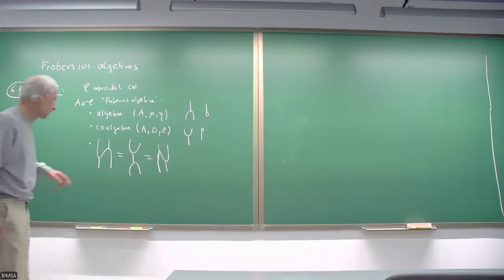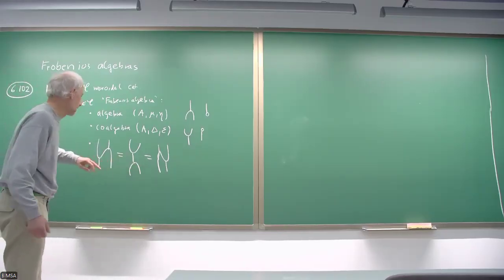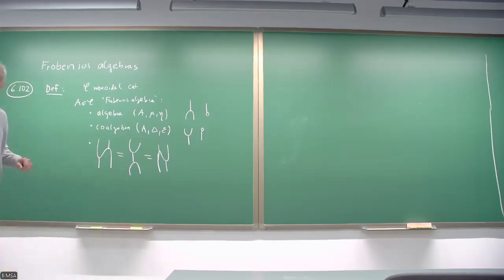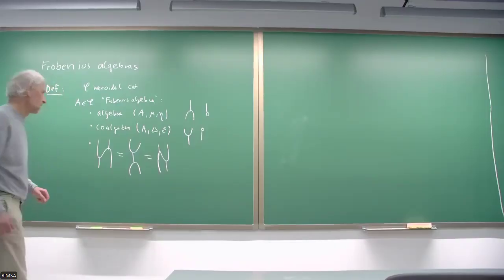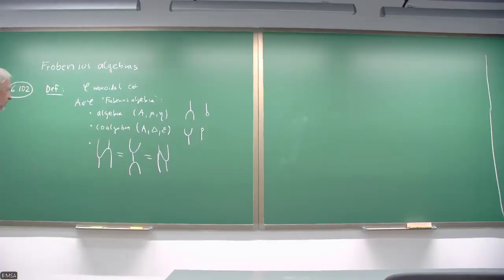I should also mention that of these two equalities, only one is independent, provided one uses all the other structure. And it's a nice exercise to prove that. It's not extremely hard to do it graphically, but you have to think like that.